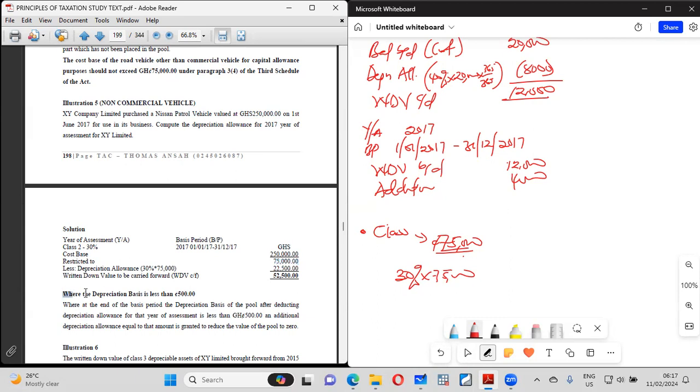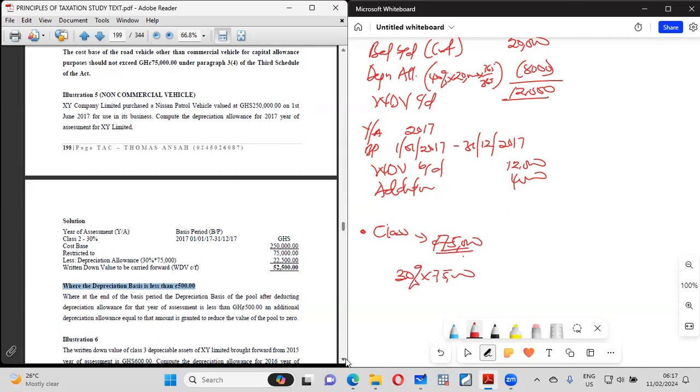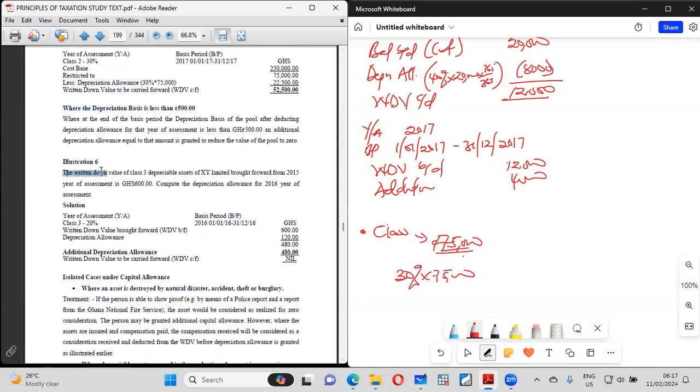Again, where a depreciable basis is less than 500 Ghana cedis, it is given as an additional what? Capital allowance. We give it to you for free. So you look at this illustration. This entity has 3 depreciable assets that are being brought forward from 2015, and it is 600. We are meant to compute the capital allowance for the 2016 year of assessment.